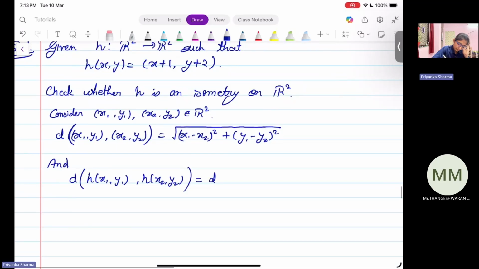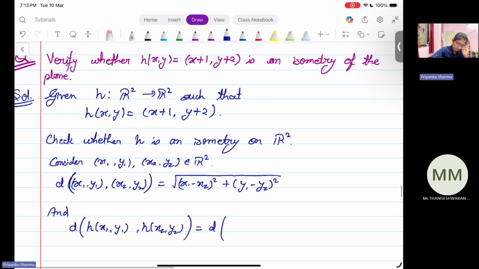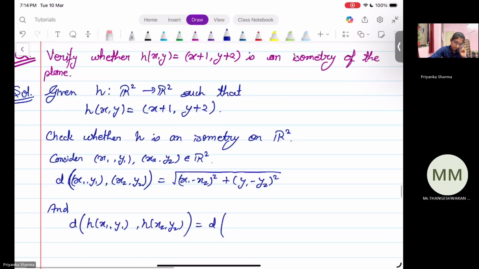That is the distance between (x1 plus 1, y1 plus 2) and (x2 plus 1, y2 plus 2).